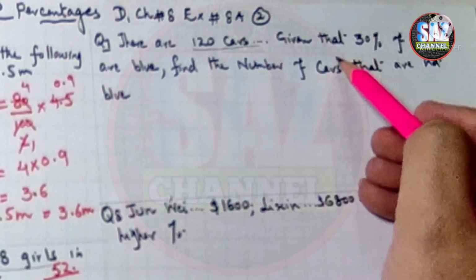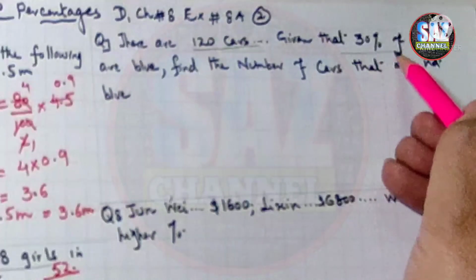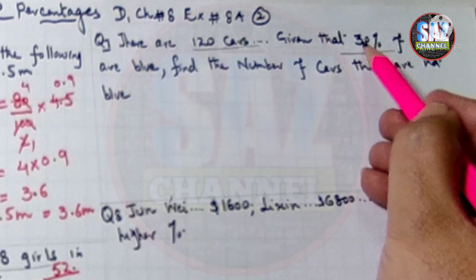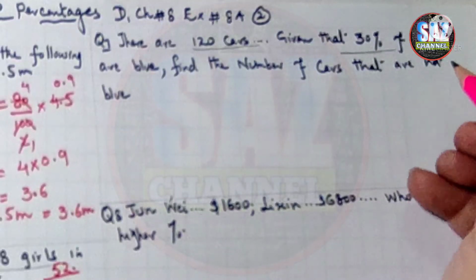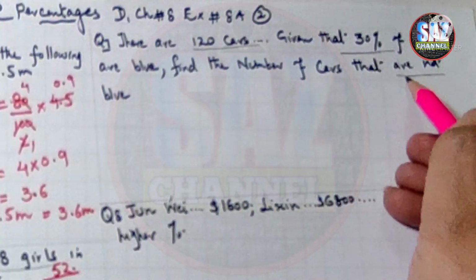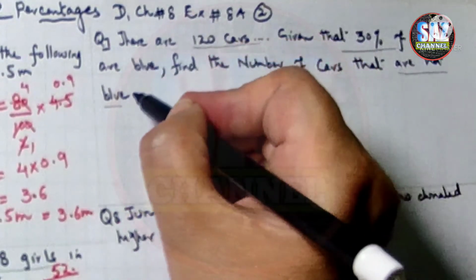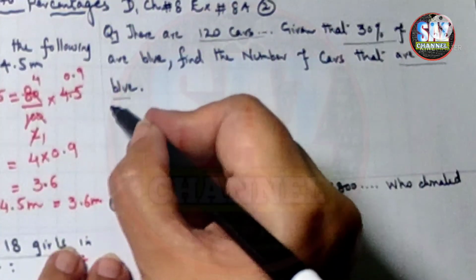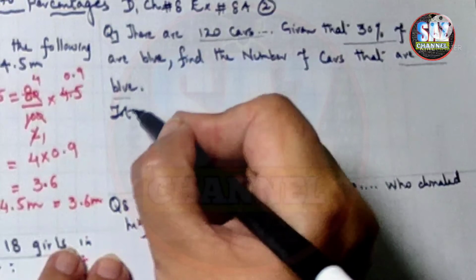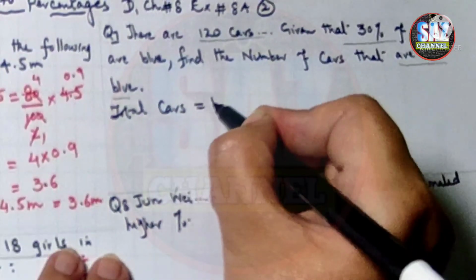a multi-story building. Okay, given that 30% of the cars are blue, find the number of cars which are not blue. Okay, so what we have to do is find the number of cars which are not blue. Again, the total number of cars are 120.